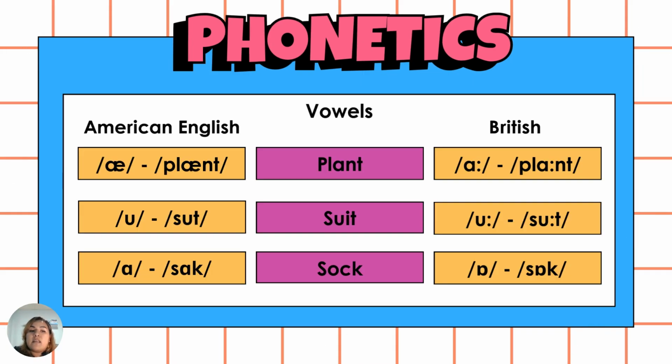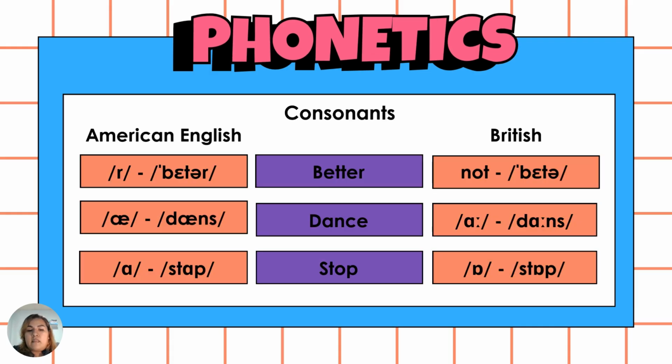In the vowels part, words like plant in America use one vowel sound, and in British another. In the word sweet, America and Britain use different vowel sounds. For consonants, words like better: in America the r is pronounced.